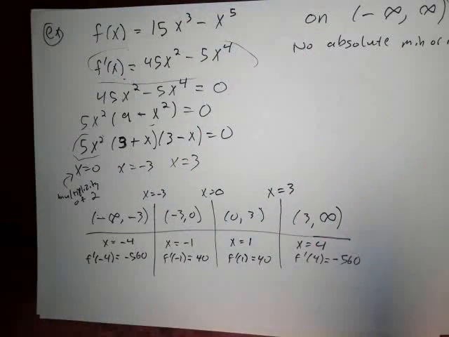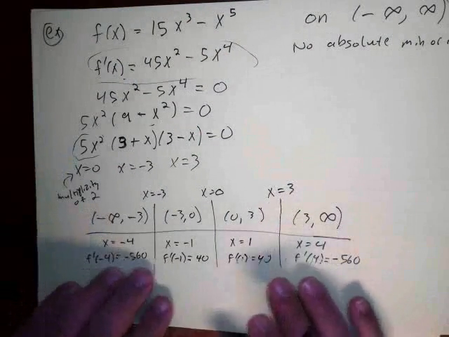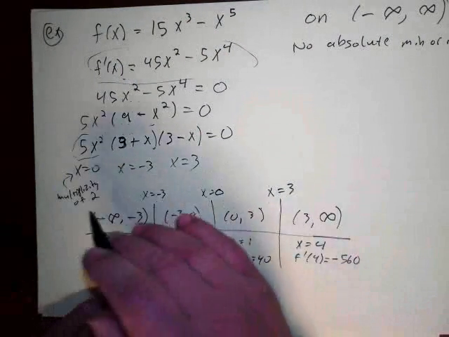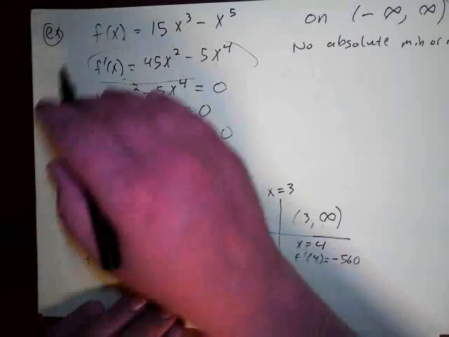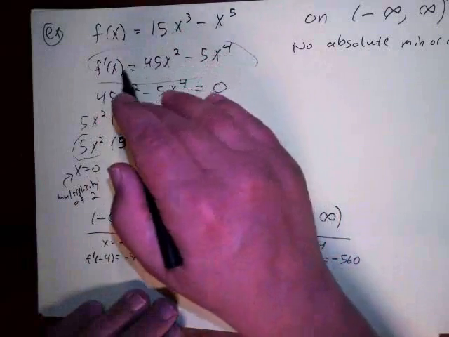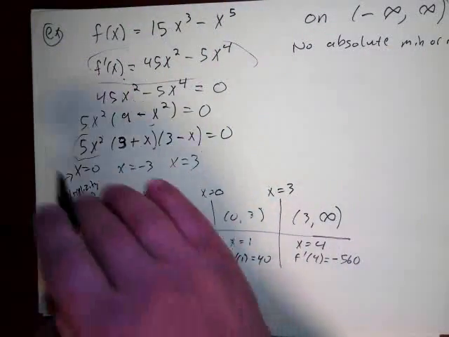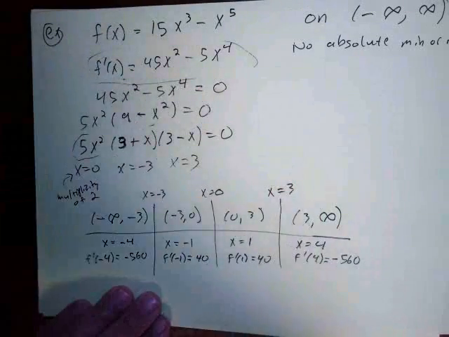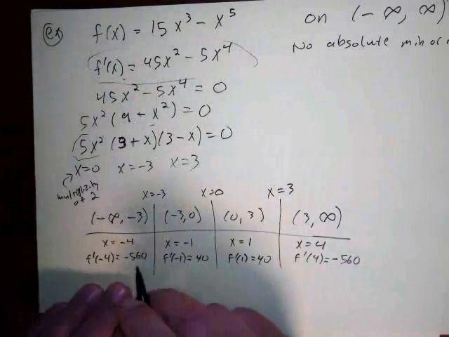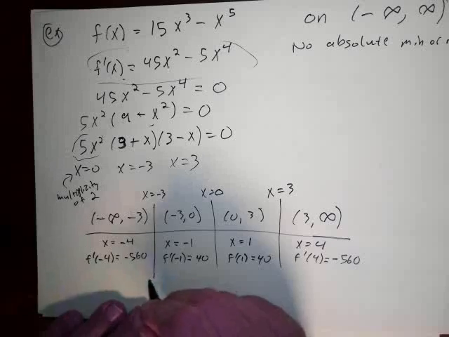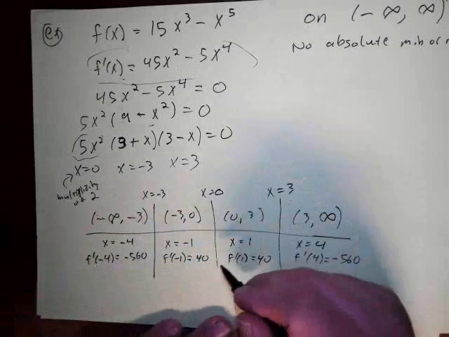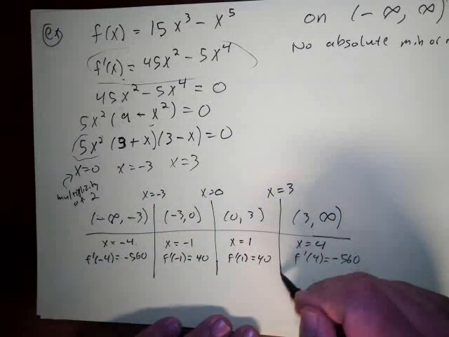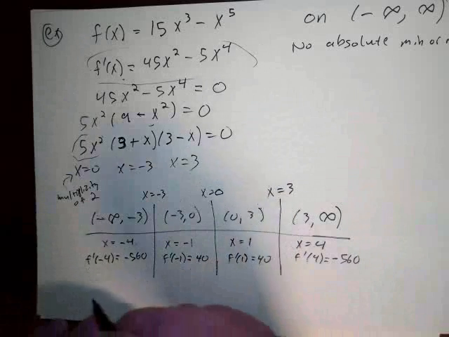I was like, why didn't I get these right? What went wrong? And I had to go back and look, and then I finally figured out, I put these into the original function. I didn't put them into the derivative. That is important, okay, because the first derivative test, you're looking to see if the derivative is positive or negative, so that you can know if the original function is increasing or decreasing.